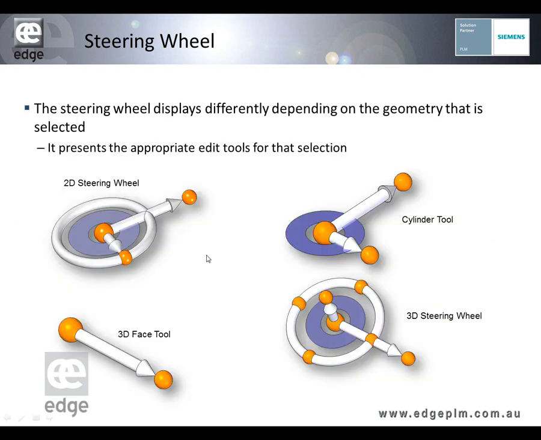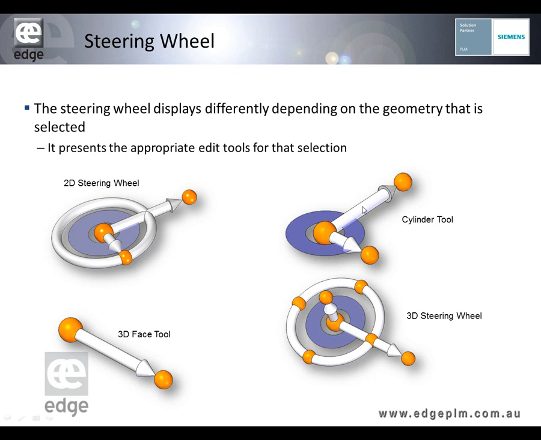Just looking at the various aspects of the steering wheel, you'll see this presented in different ways. Be aware that depending on what geometry you select at what time, you'll get a different look to the steering wheel. We've got our 2D steering wheel here, which you can use in sketch mode. We've got a 3D face tool, so when we select a face, that's what we're going to get.